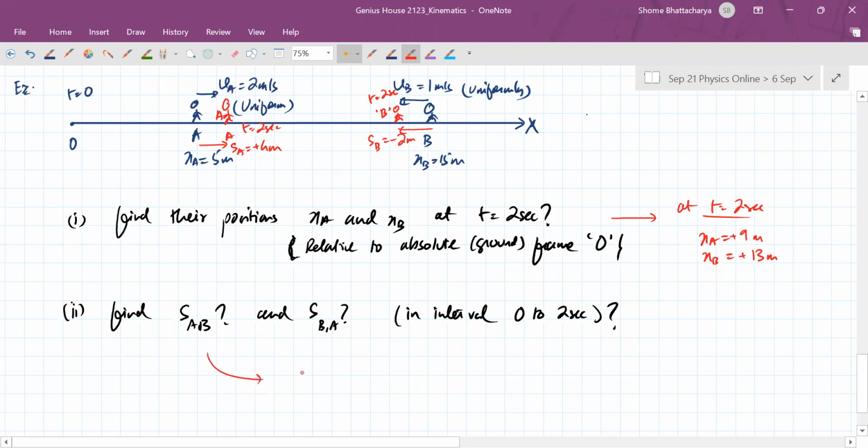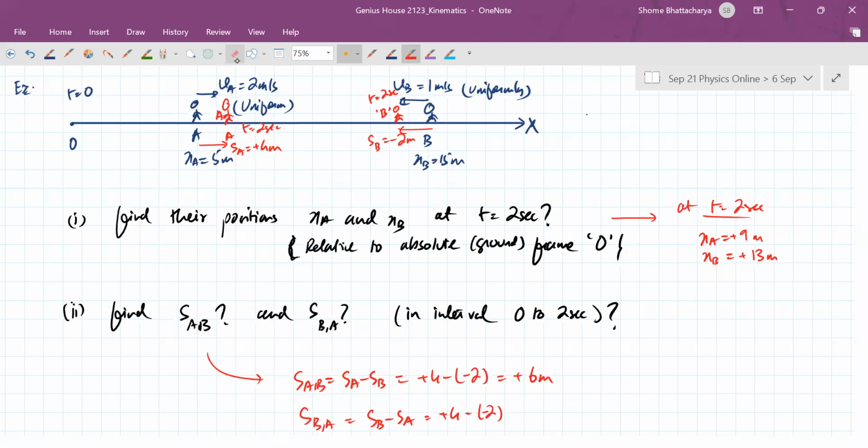So from this only you can understand S of A with respect to B or S of B with respect to A. So there is another way to understand. Okay.